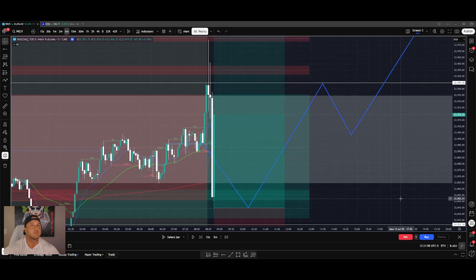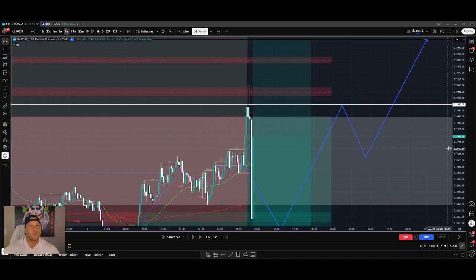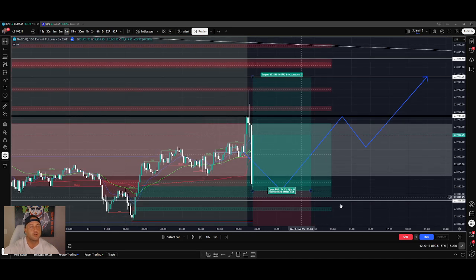I should not have taken it because it didn't align with my bias. We took a short, price pushed up, closed us out for about 70 points. We re-entered short when we got the confirmation of the liquidity sweep off of our first level of liquidity. Price reversed all the way back down. We got an absolutely perfect sniper entry when price did come down and meet our entry level.